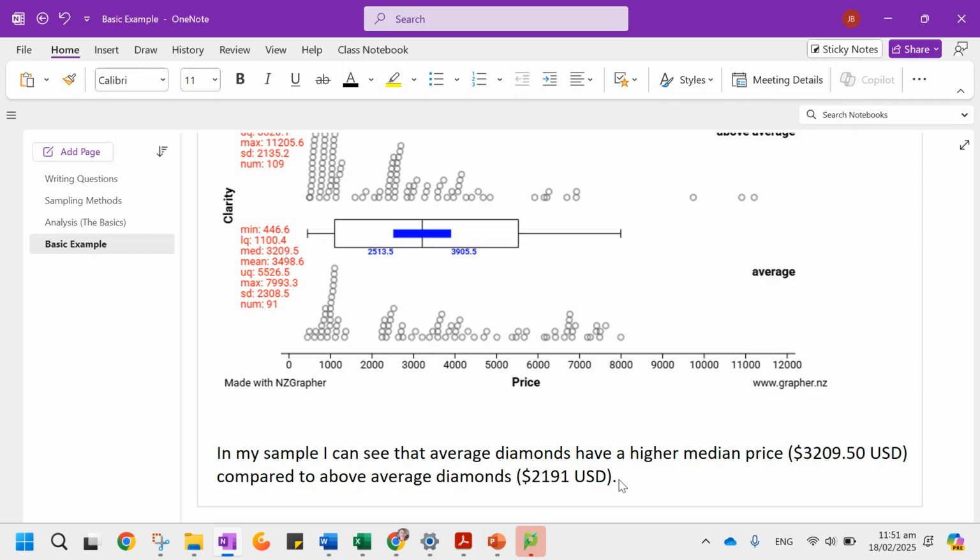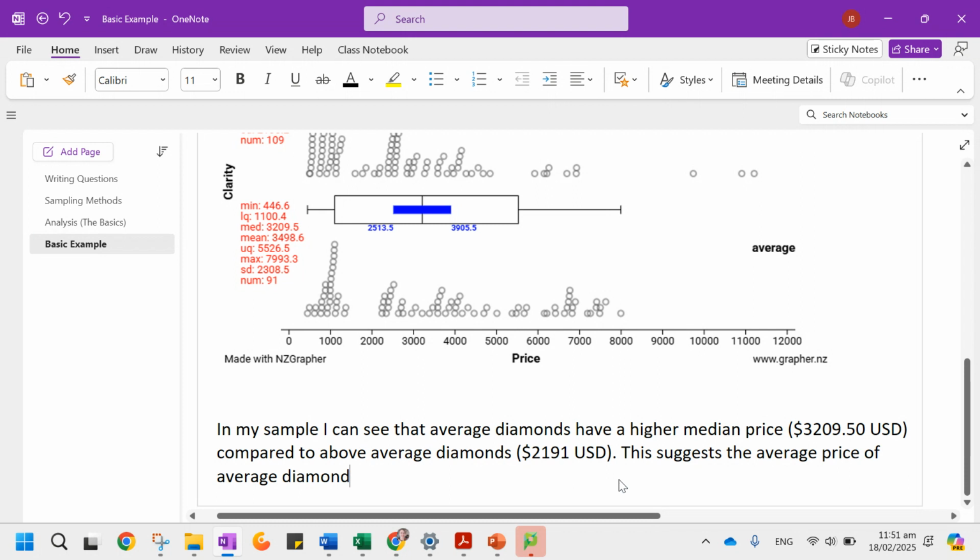I do expect every single one of you to write more than that, though. Okay, and that's a little bit about what that means. So this suggests, okay, if you say this suggests, that means you don't have to say this means in my sample. Okay, so this suggests the average price of average diamonds.